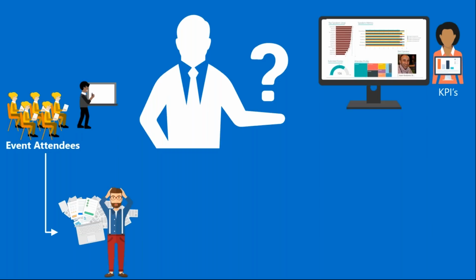So if someone sends me a link to evaluate the session, I probably will not evaluate after the session is finished. And another thing is receiving the form by email after the event. After the event, no one will evaluate. Most of the attendees will say, okay, the event is already gone, it's over, I will not lose any more time to evaluate.